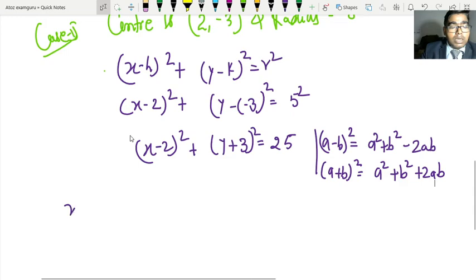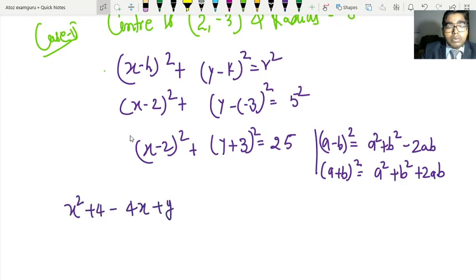So it becomes x square plus 4 minus 4x plus y square plus 9 plus 6y equal to 25.